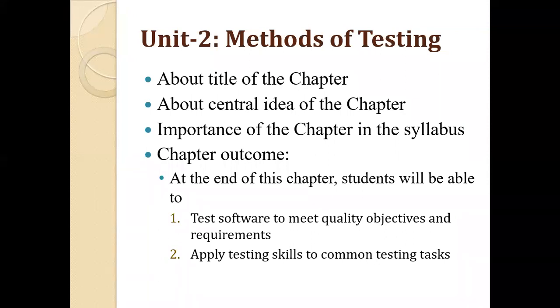That means we have seen over there what are the different stages of a particular defect, then what are the differences between defect, error and mistake. Those all basic terminologies we have seen in our first unit.